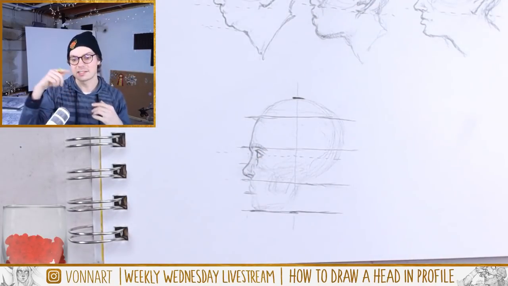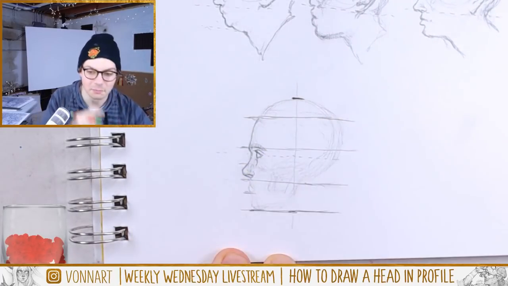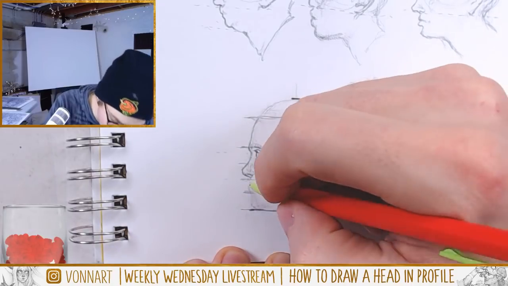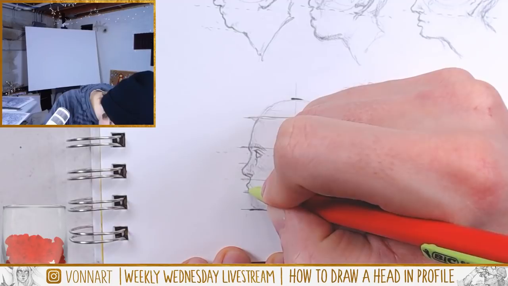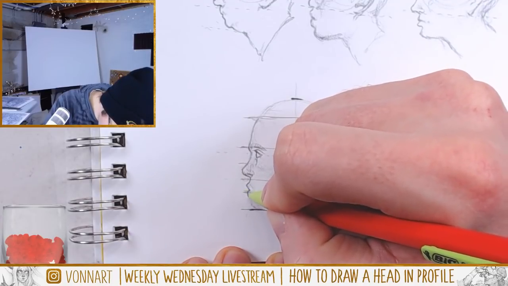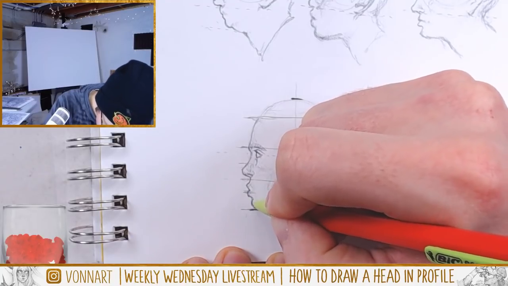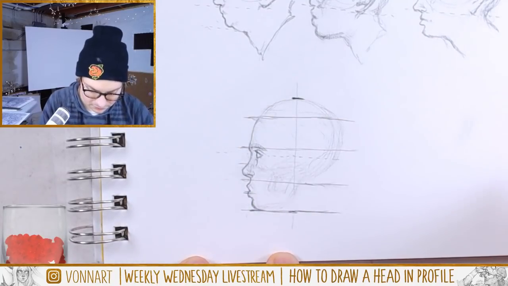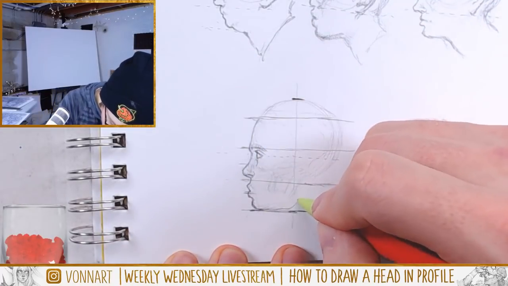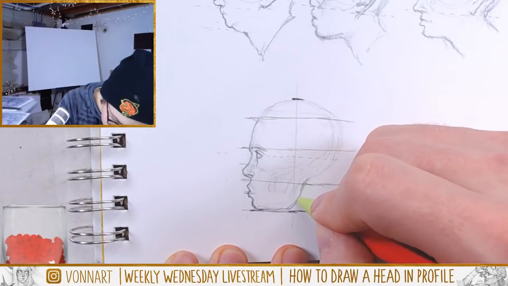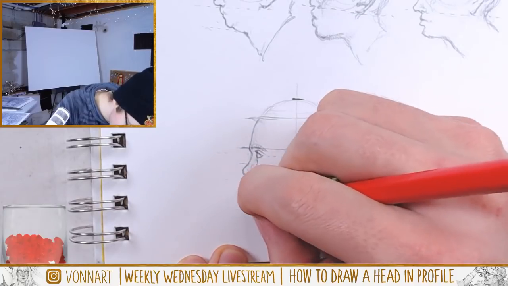So there's the nose, and you can see it's the bottom of the nose. So I'm not drawing the nose going way too far down. It's the very bottom of where the nose starts to bridge out. And then from there, meet up with that lip line. And carry that all the way over into the jaw.